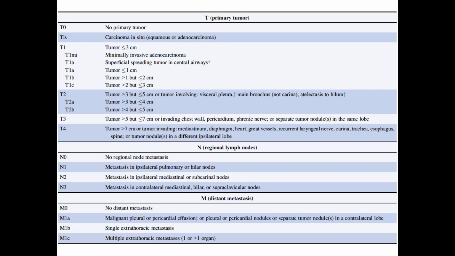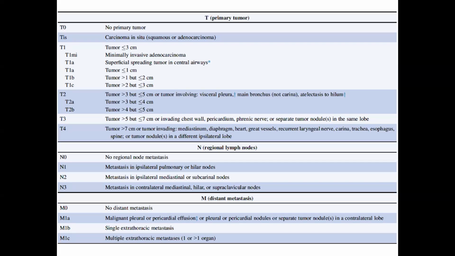They're good to set the scene for when we may want to think about when we're doing a mediastinoscopy, but perhaps more relevant to us is the N staging, and obviously the best situation is to have no regional node metastases. N1, ipsilateral pulmonary or hilar lymph nodes. N2, ipsilateral mediastinal nodes, or subcarinal. Obviously, subcarinal is in the midline, so we're faced with that uncertainty, but they're still qualified as N2.